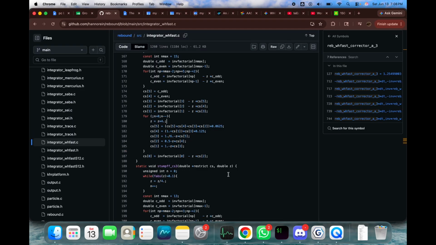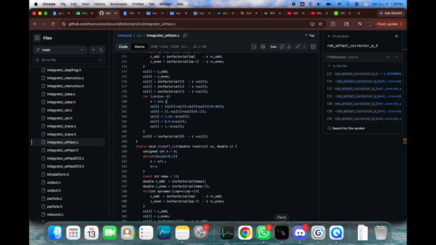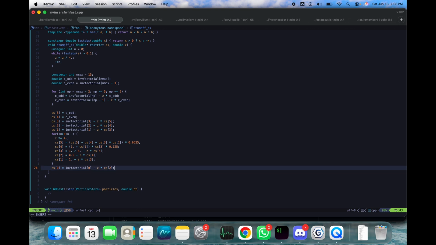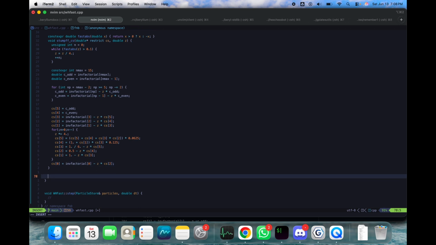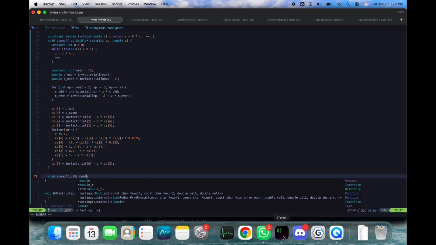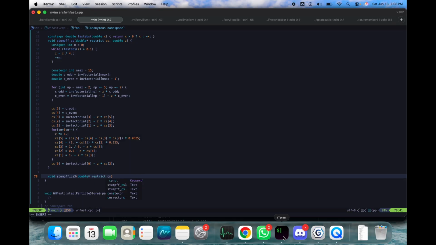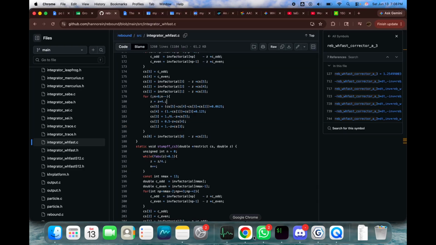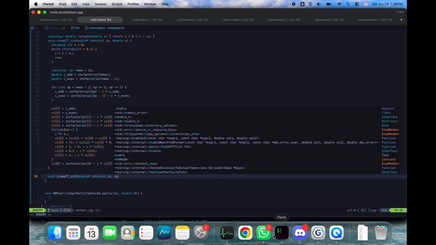Okay. No, okay, so now I have void stump CS3, and it again takes a CS and it takes in another double Z.